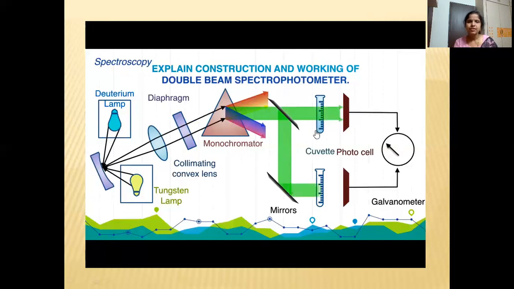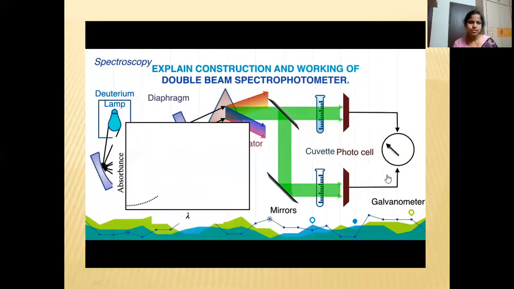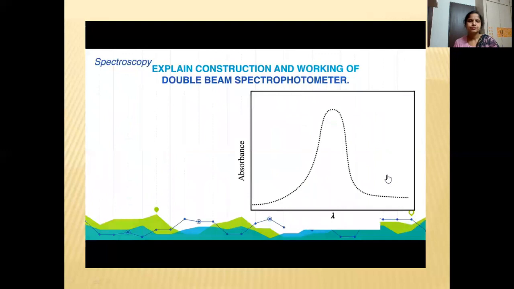So one will be the reference, one will be the sample, and the transmitted light falls onto the two photocells, which then show the absorbance or the transmittance. The graph is obtained by taking wavelength on the x-axis and absorbance on the y-axis.